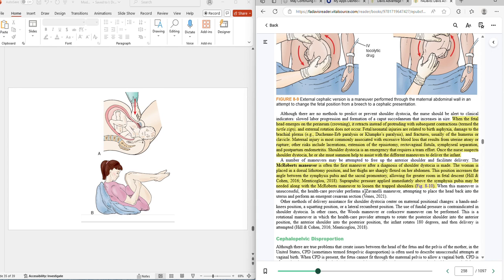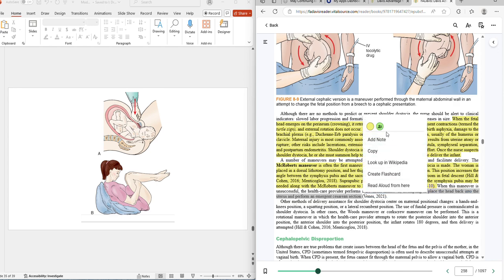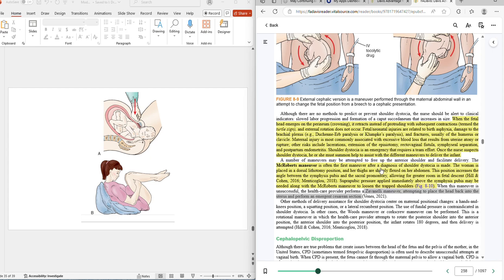Zavanelli is another term, and this is when we're placing the head back because we cannot get the baby out, okay? Zavanelli is a term where we're placing the head back into the uterus to perform a stat C-section, okay? The Woods maneuver. This is a corkscrew remover, okay?